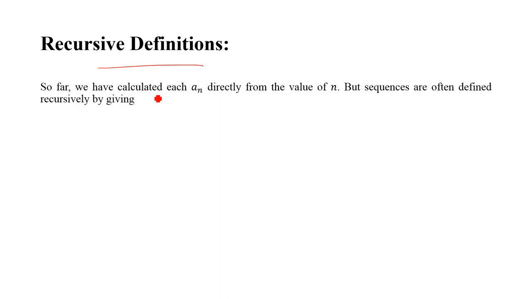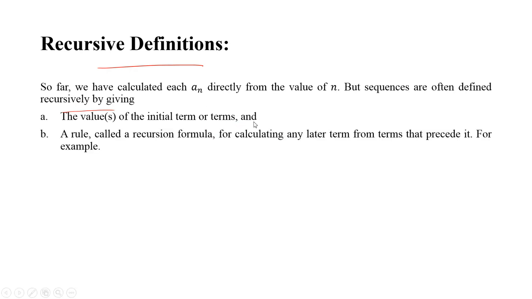Next, recursive definitions. So far we have calculated each a_n directly from the value of n, but sequences are often defined recursively by giving the values of the initial term or terms and a rule, called a recursion formula, for calculating any later term from the terms that precede it.